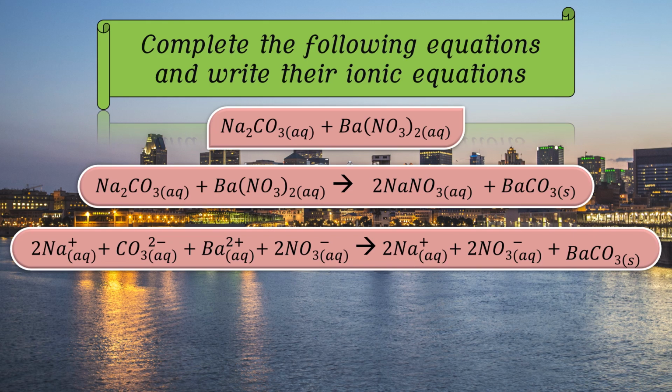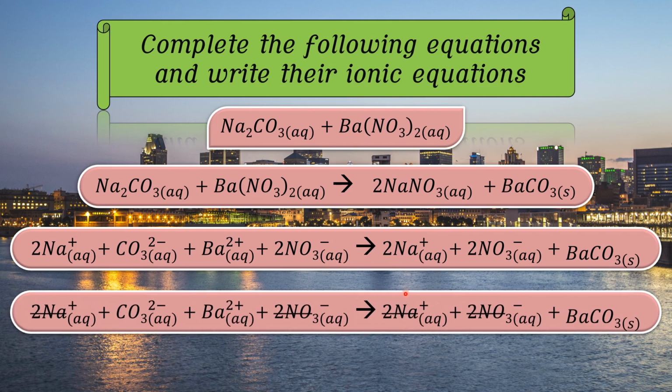Now the second step is to eliminate those ions that are on the reactant side and also on the product side. We have sodium ions on the reactant side and sodium ions on the product side, so we eliminate them by crossing them out.